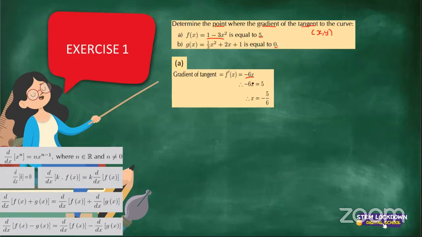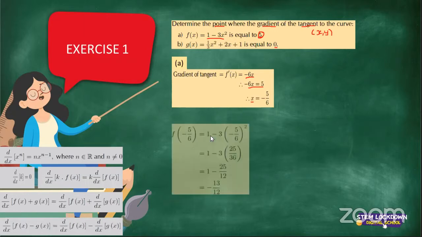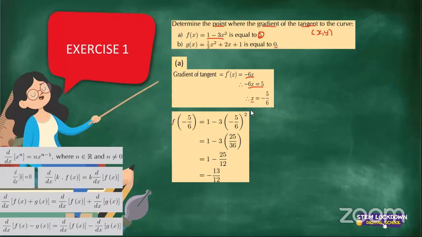Okay, so because this equation gives you the value of your gradient, you can equate it to the gradient that is given. So this is what you do. And then afterwards, you solve for your value of x. But then you want the point. So your point is represented by your x and y value. So you have to do what? Substitute your value of x into the function.